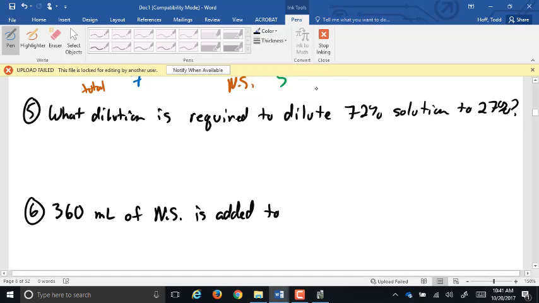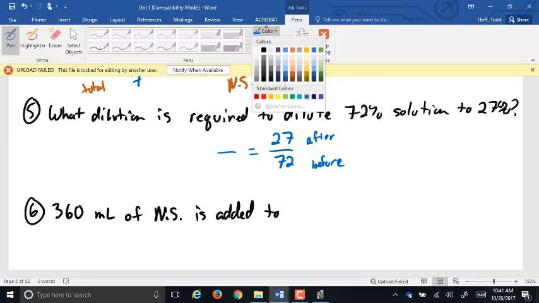So up there, what do we have? Well, our dilution ratio is equal to the after concentration over the before concentration, right? So we have 27 over 72.